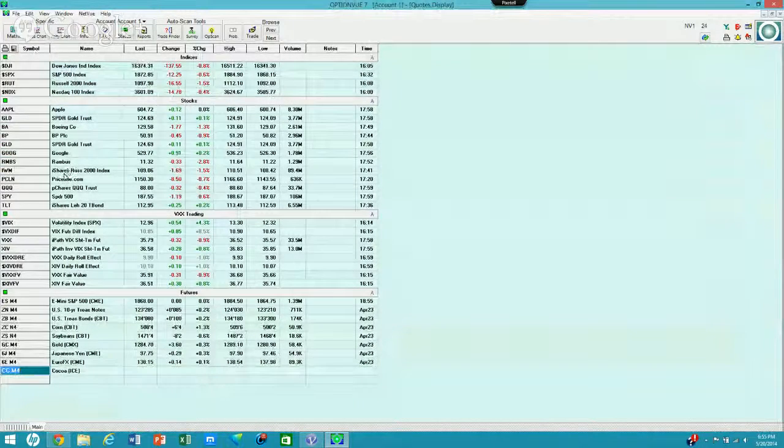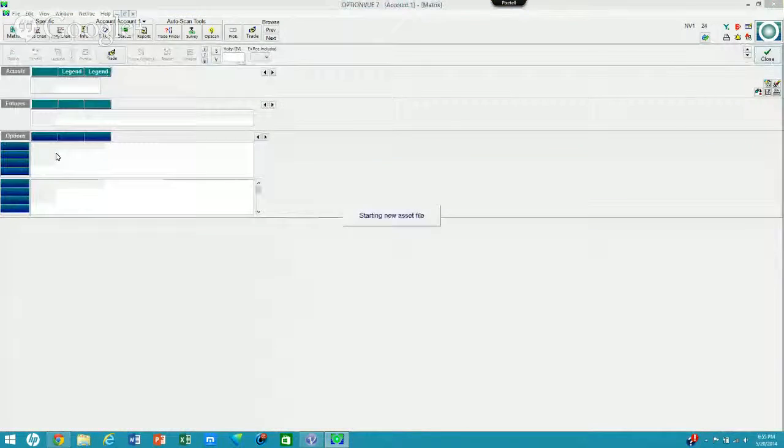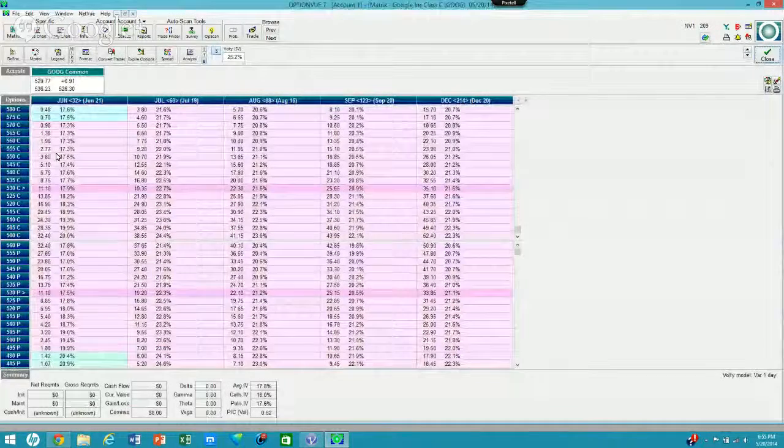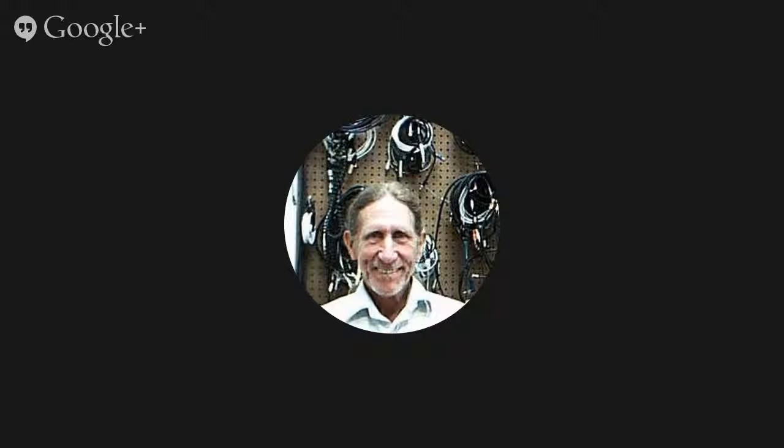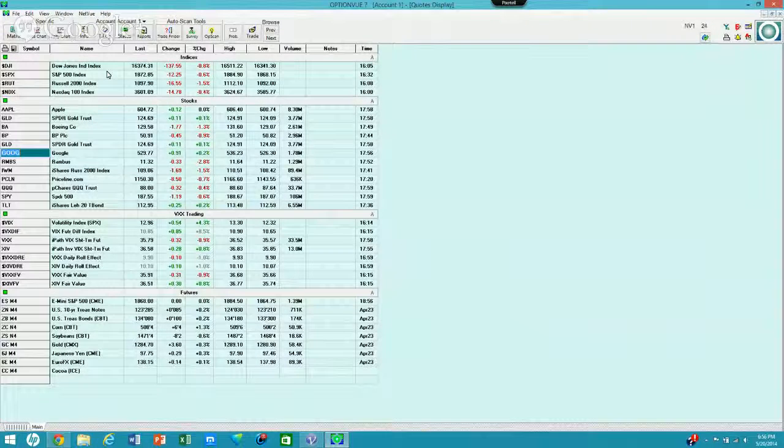Let me find Google. Okay, there's Google. Well, they got Google. You know what? I may have to just use a different asset just to show people how it works. What I wanted to show them tonight was just a variety of spreads that they can use. For gold, yeah.